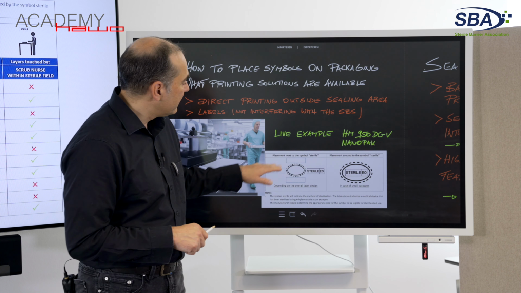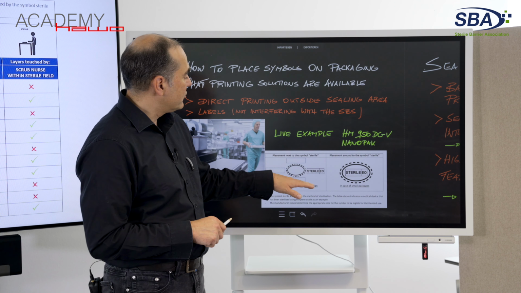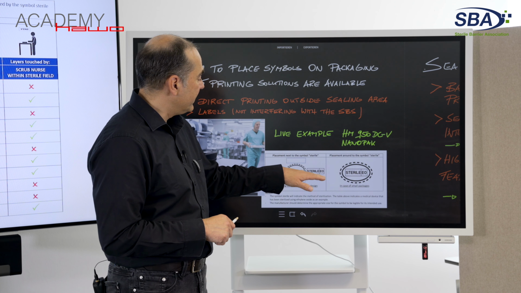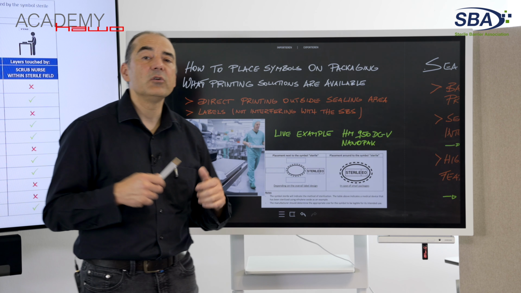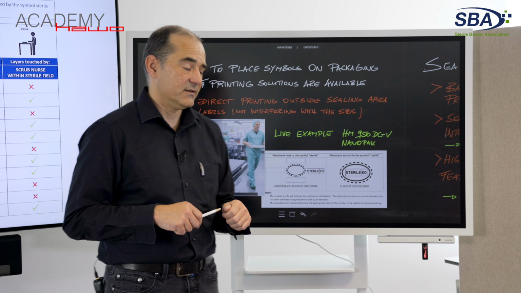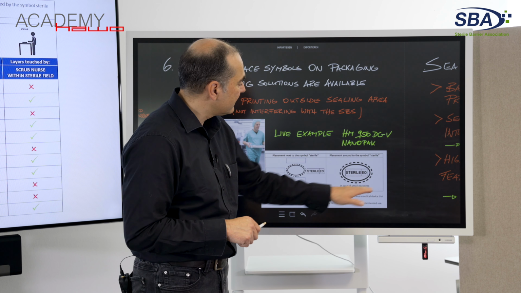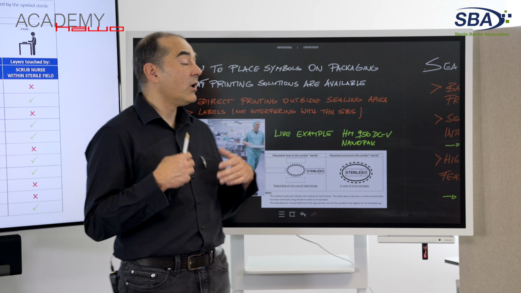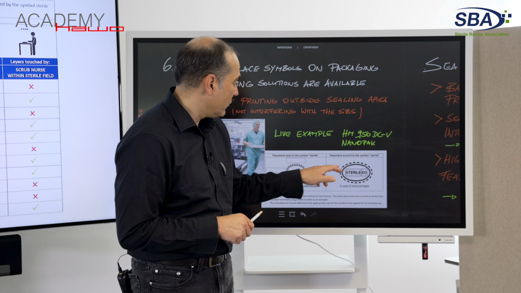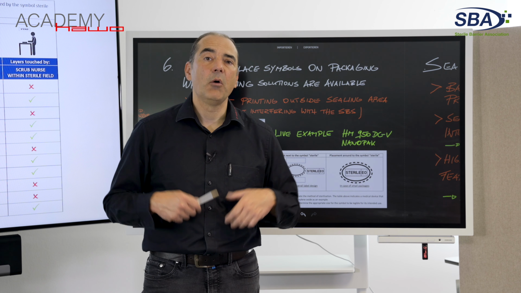The symbol as such can be placed next to the symbol print "sterile", in this example including the sterilization method, ethylene oxide. Alternatively, the symbol can be placed around the wording or symbol for the sterilization method.